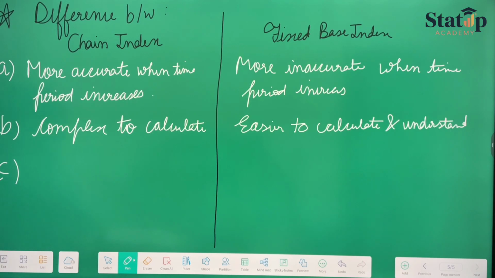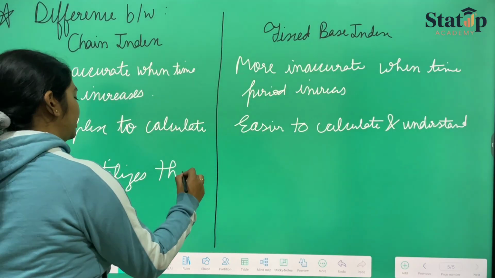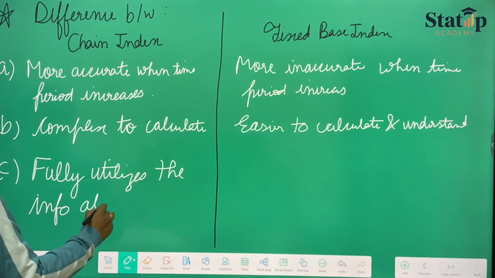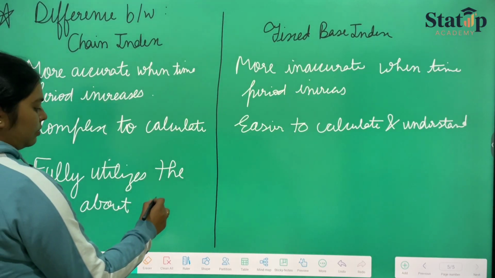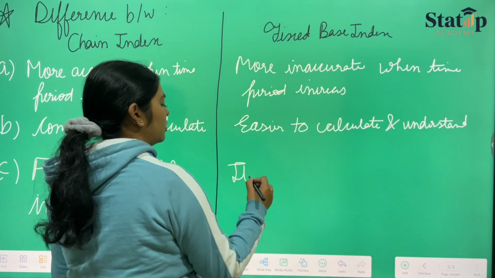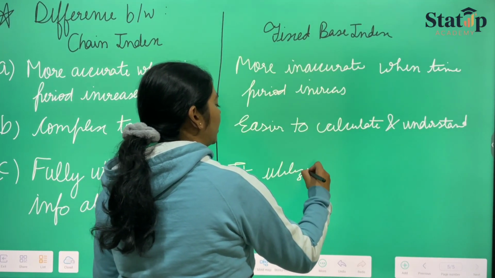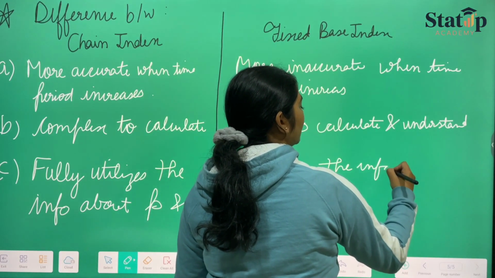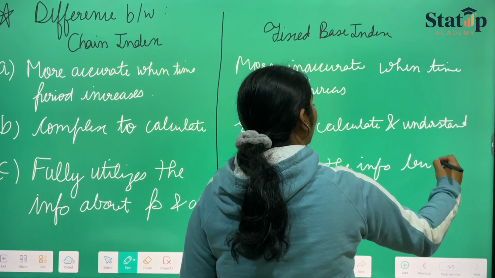And the third difference would be that chain based index number fully utilizes the information about the prices and quantities, P and Q. Fixed base utilizes the information but not completely, we can say.